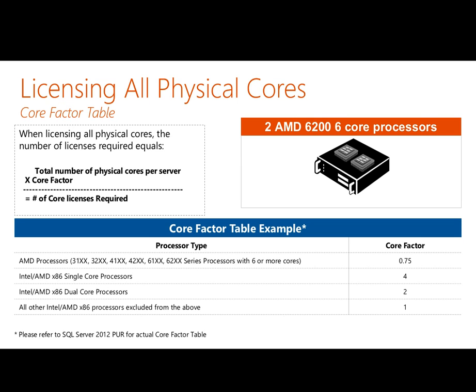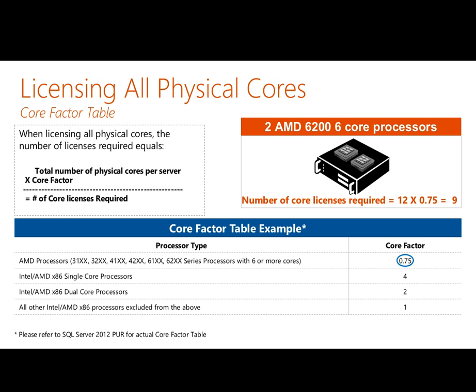Now, 12 times 0.75 is equal to 9. 9 divided by 2 is equal to 4.5. And we don't sell 4 and a half licenses, so we round it up to the highest number, which is 5 licenses. So in this example, the customer would need to buy 5 licenses.